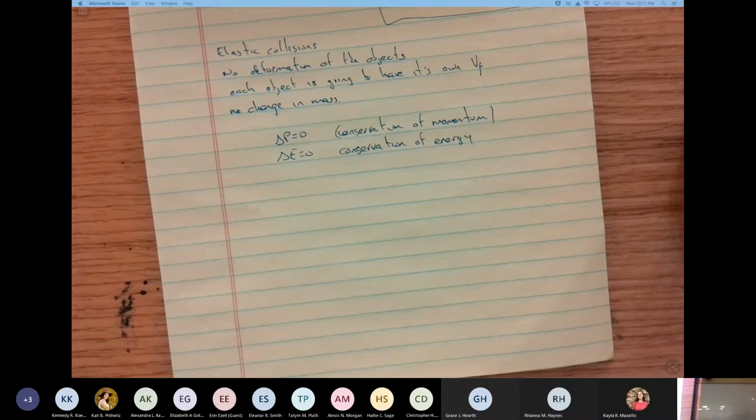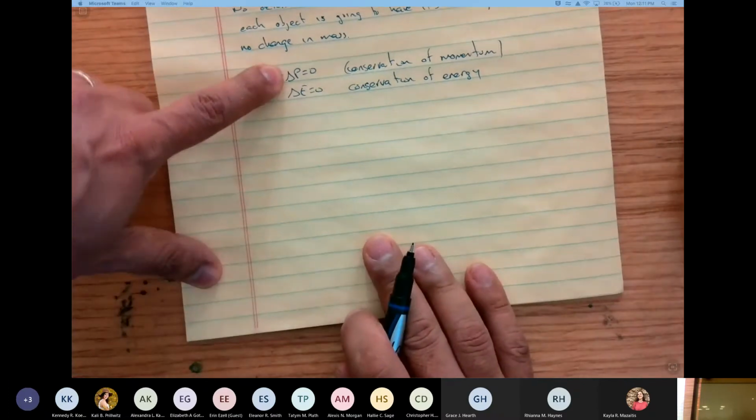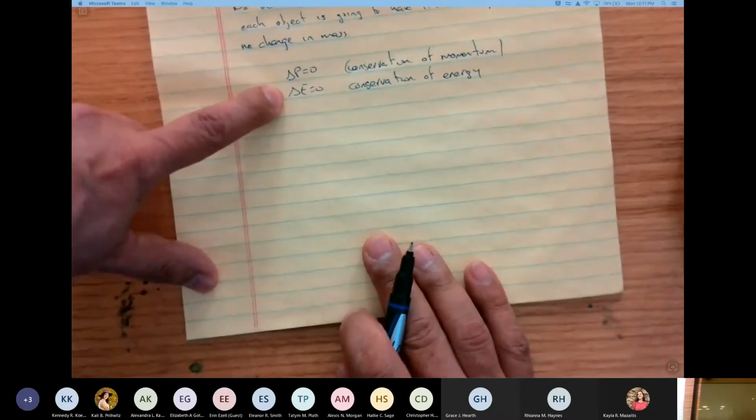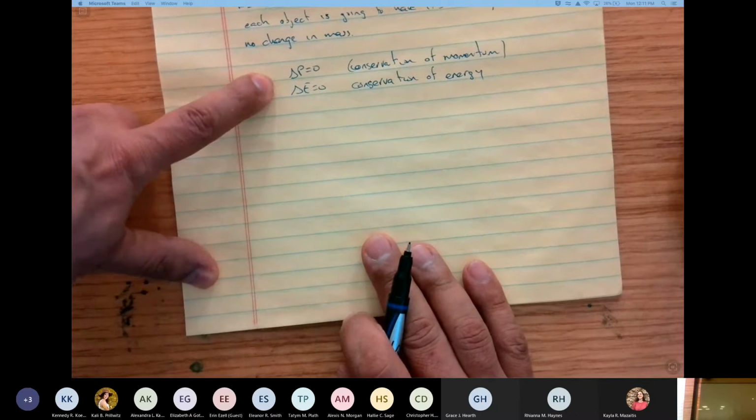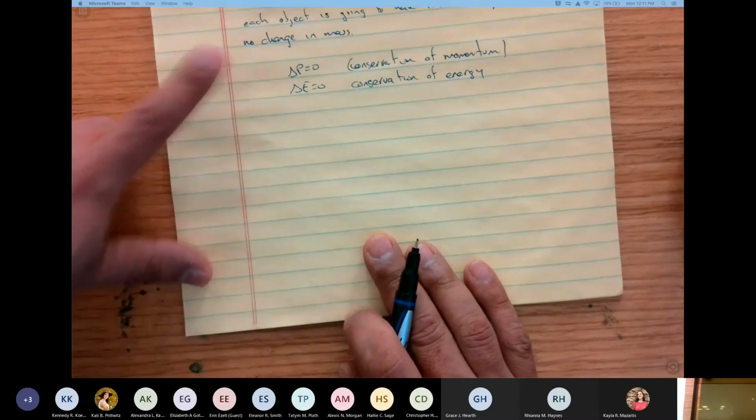Now, the math, the equations for the perfect elastic collisions are a little more complicated because now we have two equations to satisfy. We need to have conservation of momentum and we need to have conservation of energy, both of them satisfied at the same time. So for conservation of momentum, I'm going to have this.